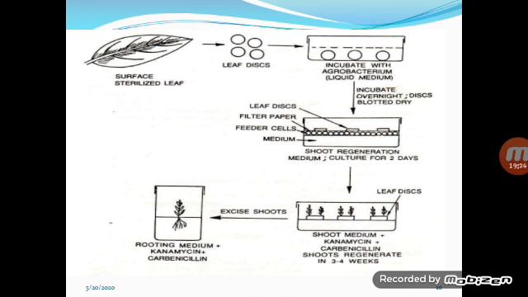Any one of these two can be used. This is for the killing of Agrobacterium cells. Shoots regenerate in 3 to 4 weeks. Then the excised shoot will be shifted onto the rooting medium with the given antibiotics. A shoot with roots is actually a complete plant. It can be shifted onto the soil.